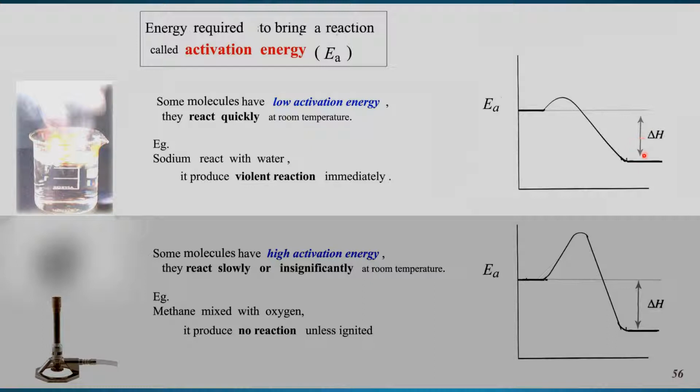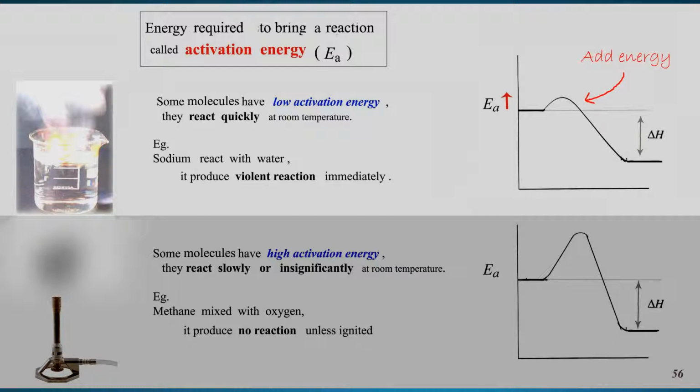You release heat. But now we learn about this activation energy hump. What does that mean? That means you have to add a little bit of energy to make the reaction happen.